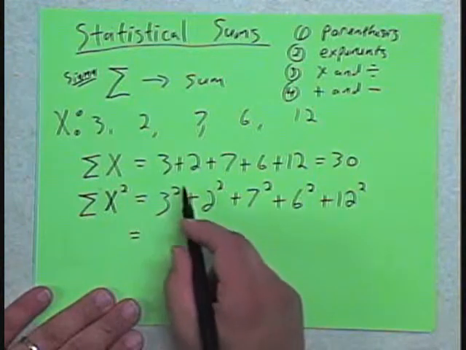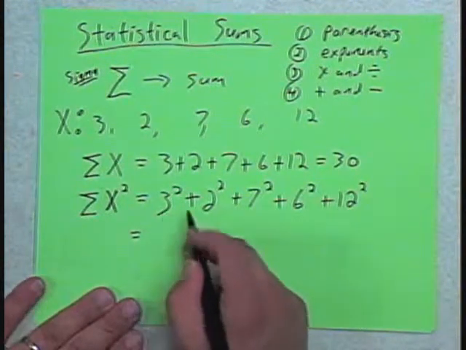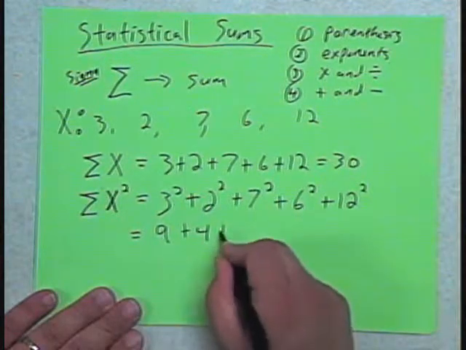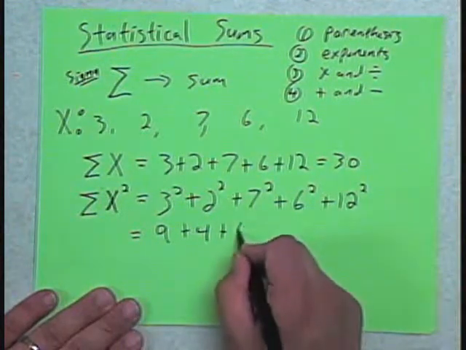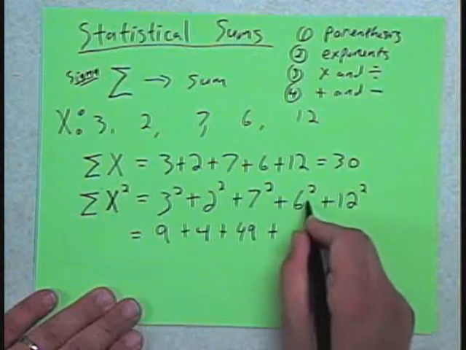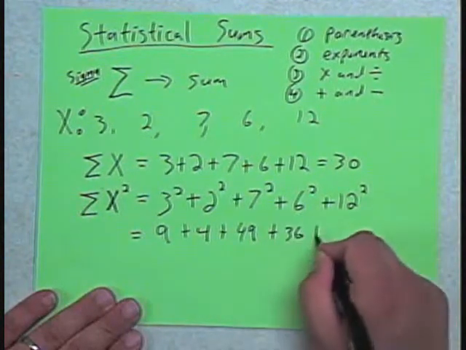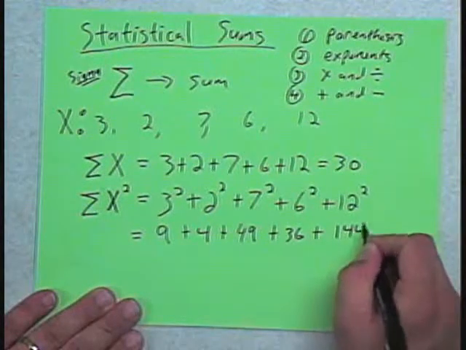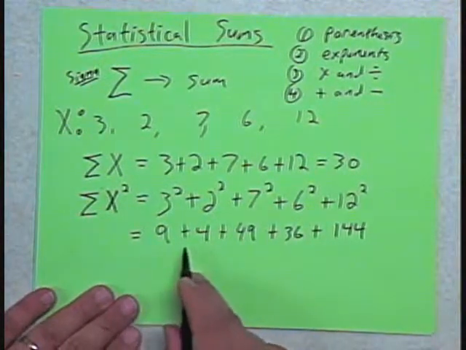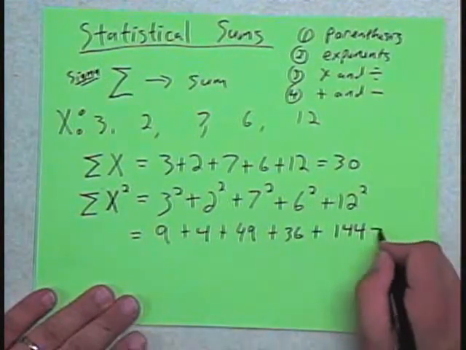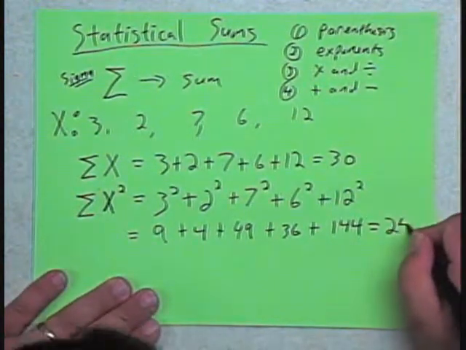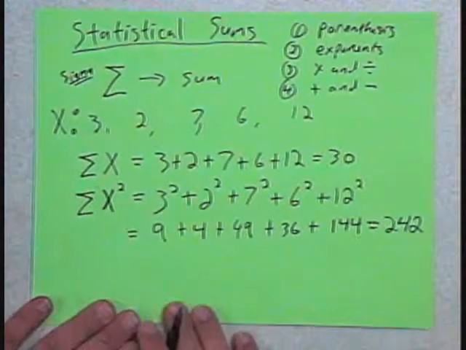Squaring just means multiply 3 times 3, and I get 9. 2 times 2 gives me 4. 7 times 7 gives me 49. 6 times 6 is 36. And 12 times 12 is 144. So I'm squaring each number first and then adding them together. And when I do that, I get 242.